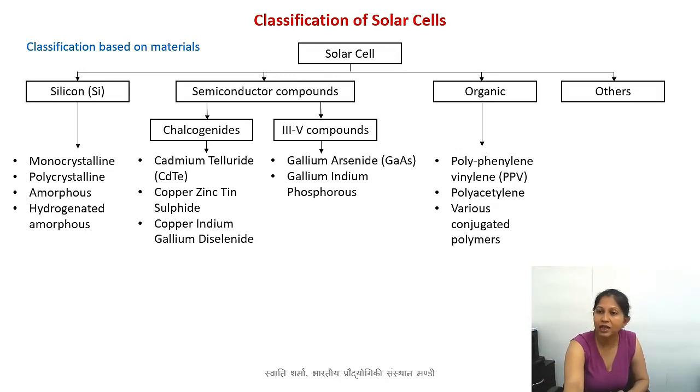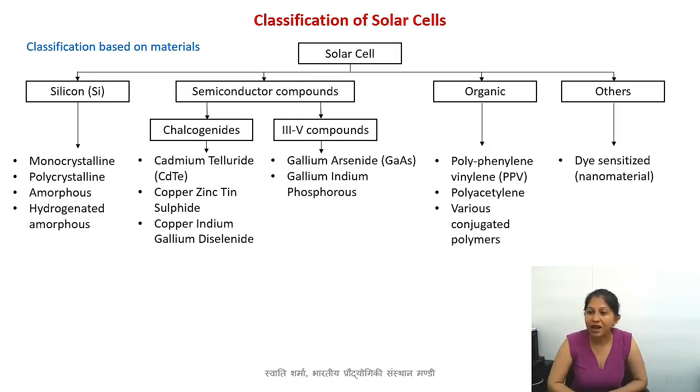Okay. Now in the others category, there are some very interesting things here. Something known as the dye-sensitized solar cell. So there are multiple nanomaterials that have been developed for the purpose of making solar cells, because in the case of nanomaterials, you can chemically synthesize them in such a way that you have tunable properties.